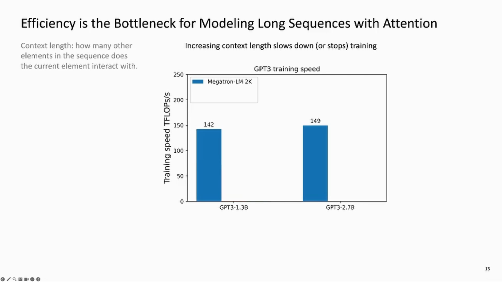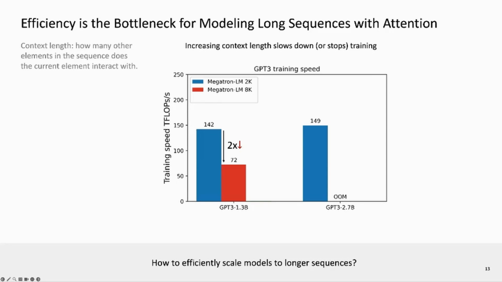But if you increase the context length to 8K, it either slows down significantly, or it goes out of memory and you can't train at all. So we see that this is an efficiency problem. We could increase context length, just that we couldn't train these things efficiently, or we don't have enough memory to train them. So we see that it slows down by 2x.